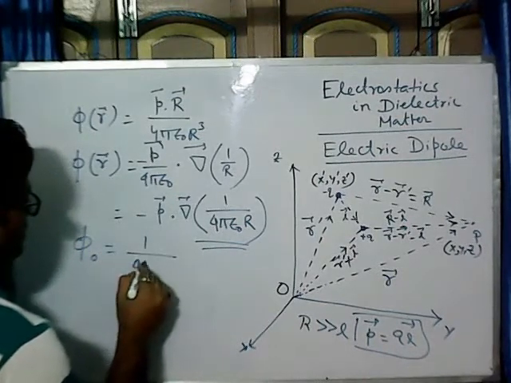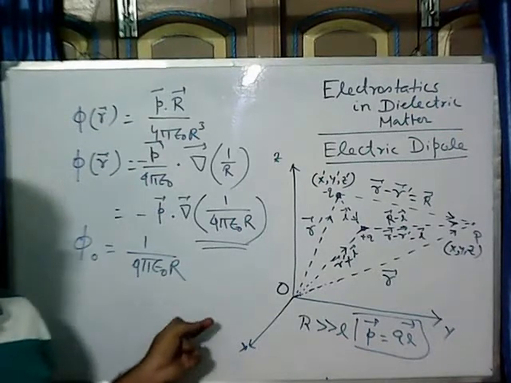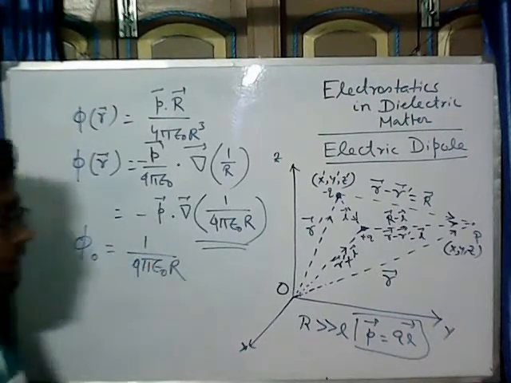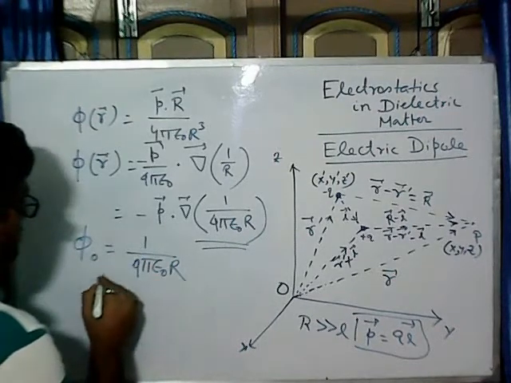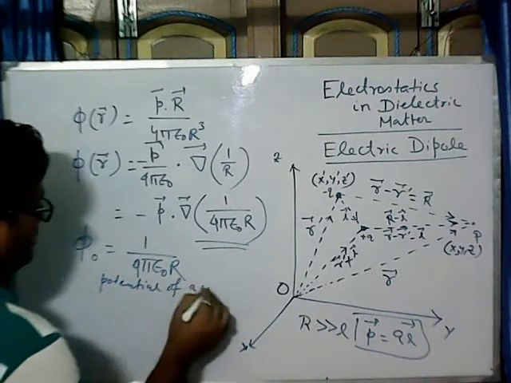Phi 0 is the potential of a unit point charge, because here the charge is 1.